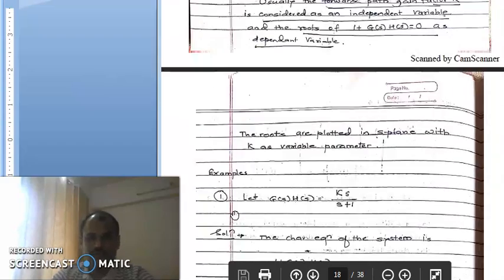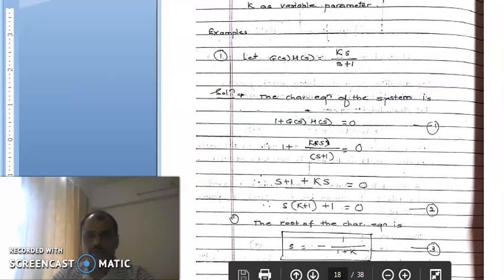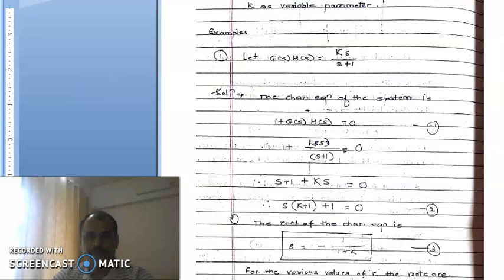So let us begin with another example, in which G of s H of s is given as K into s upon s plus 1.